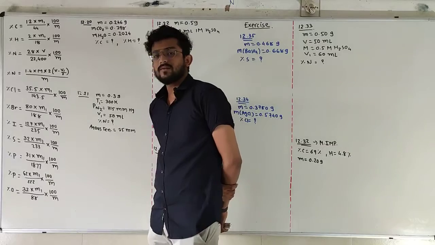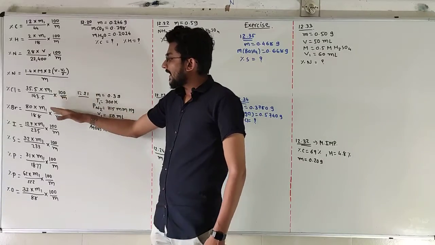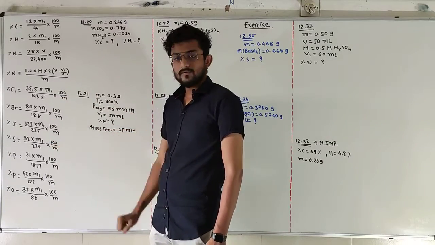In the Carius method, we discussed the halogens, sulfur and phosphorus.